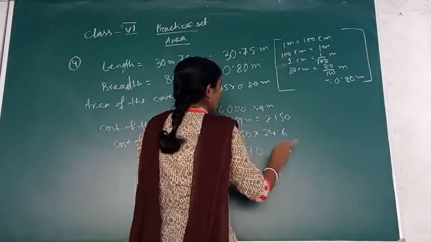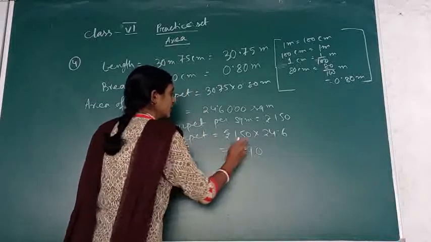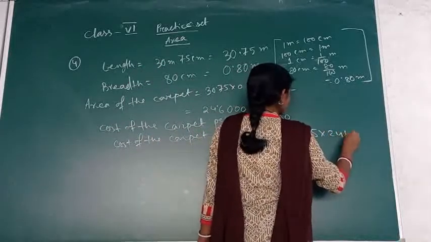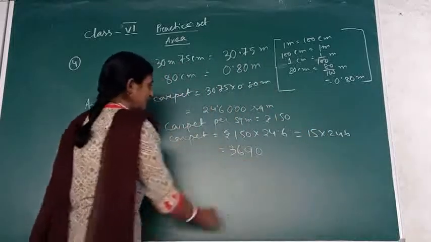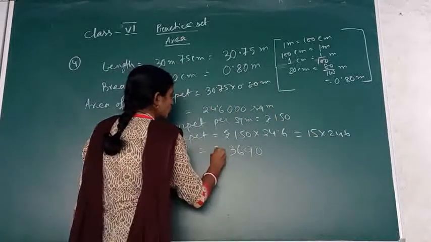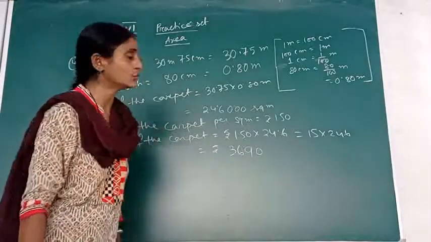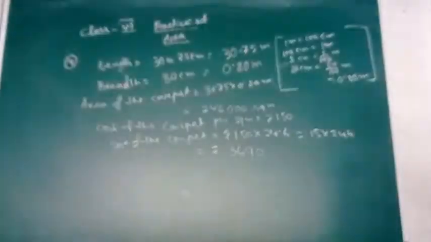Then for one more zero, that one has been cancelled. So we are getting here, like if I am writing 15 into 246, because the decimal will be cancelled. So when I am multiplying, I am getting this much. So the cost of the carpet in this case will be rupees 3690. Okay, so let's go for the next question.